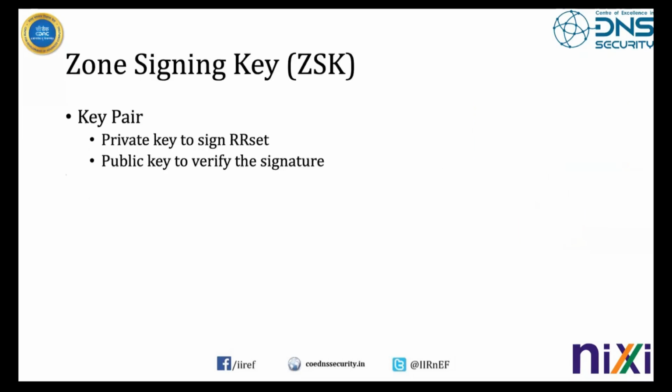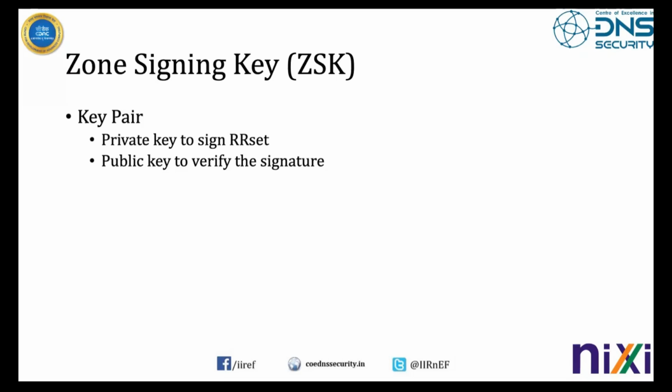Okay, so the next part is that now we need to sign the records. So we need some keys, like I was saying, a public key and a private key. Similarly, here there is a key called the zone signing key. The zone signing key is basically used for signing an RR set. They will be in a pair, private key and public key.